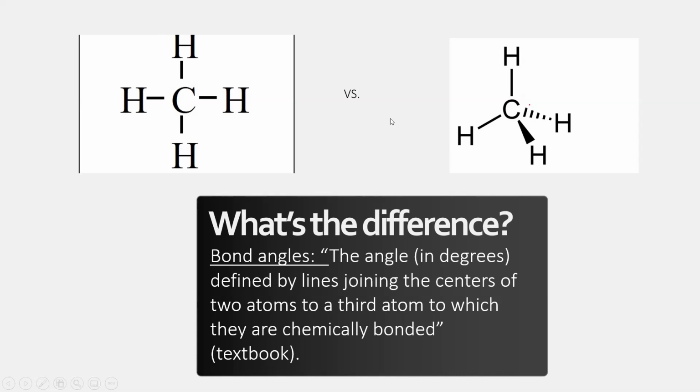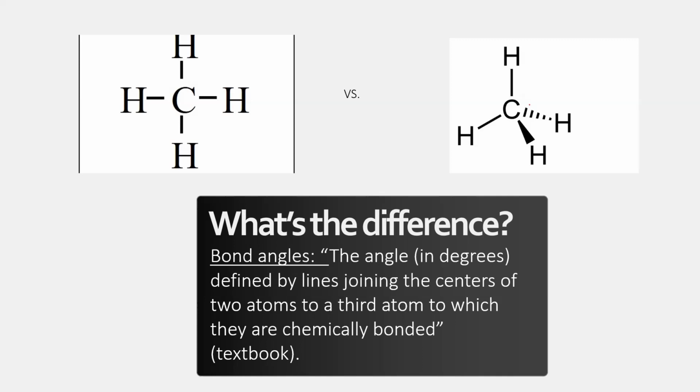So what's the difference between these two pictures? Well, the key difference is bond angles. In this image here on the left, it looks like about a 90-degree angle between all of these atoms, but on the right, it looks quite different. Our textbook defines bond angles as the angle in degrees defined by lines joining the centers of two atoms to a third atom to which they are chemically bonded.